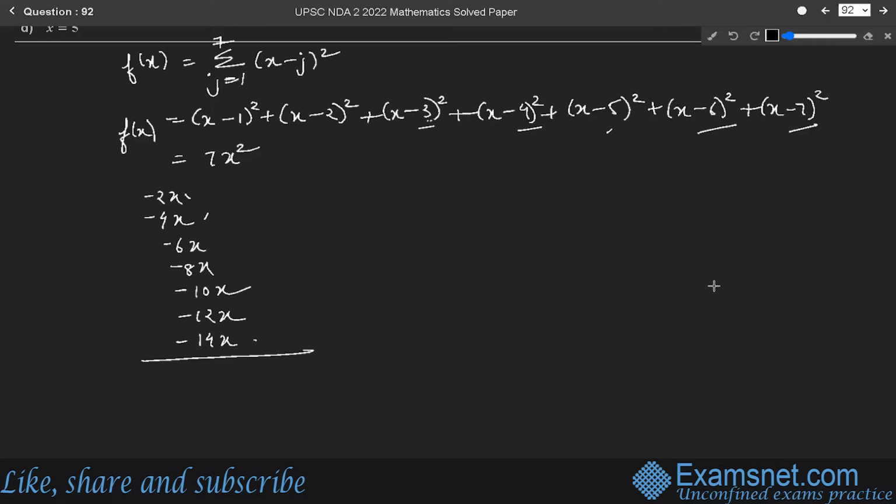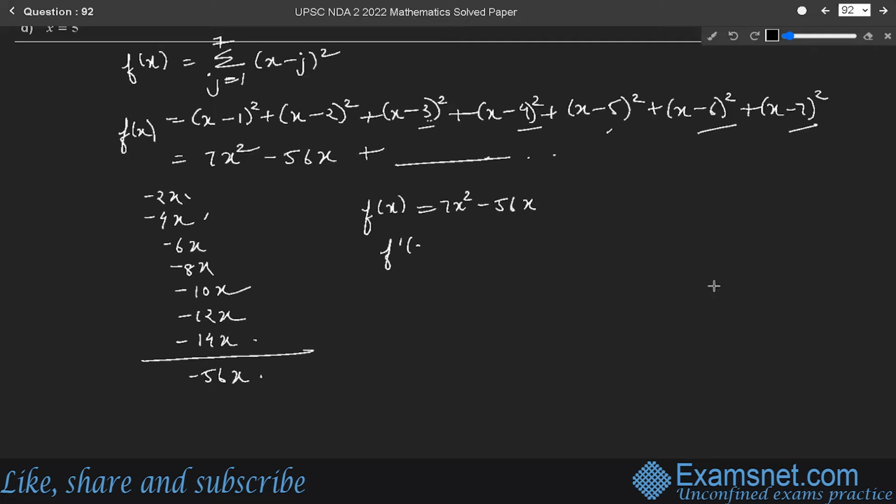It will be minus 56x. So 7x square minus 56x plus the remaining constant term. But we do not need to further calculate this, because by using the first terms we can easily get the answer. So f of x is equals to 7x square minus 56x.